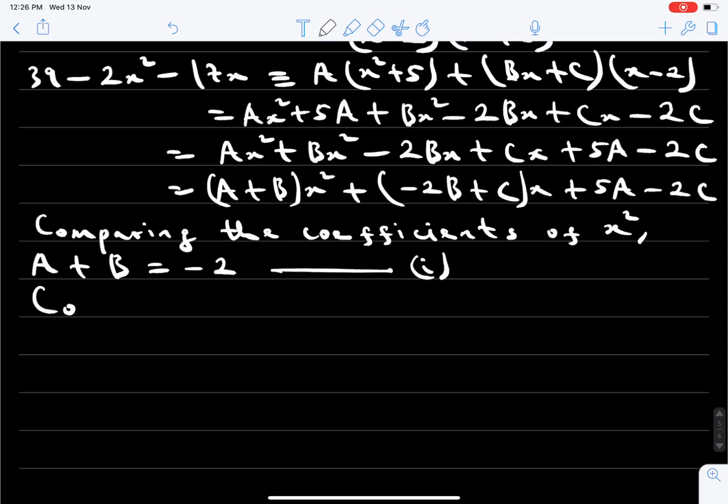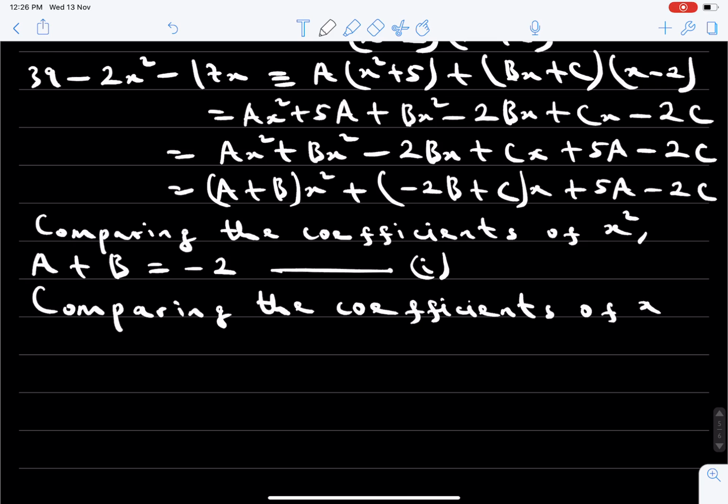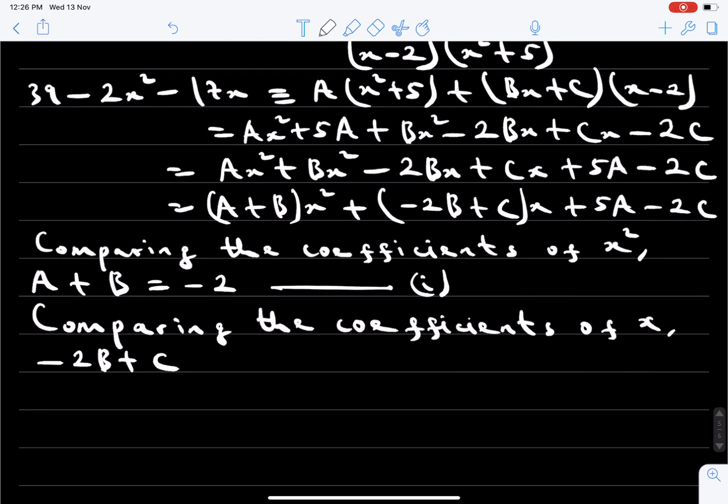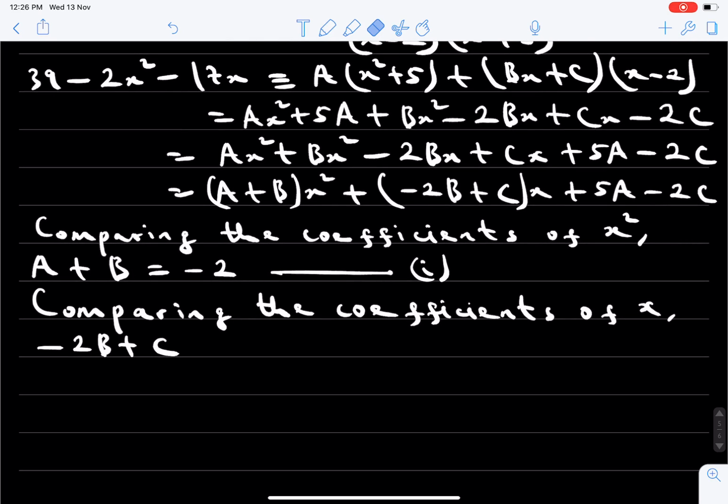Now comparing the coefficients of x. The coefficient of x on the right hand side is minus 2b plus c. And on the left hand side it's minus 17. So that means minus 2b plus c is equivalent to minus 17. Let's call it equation 2.